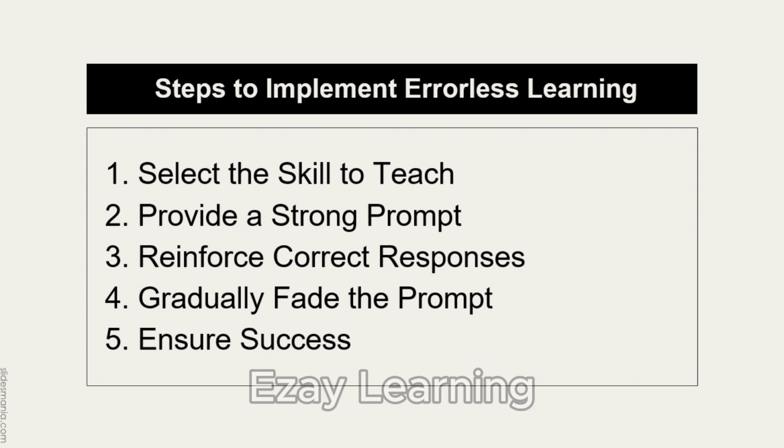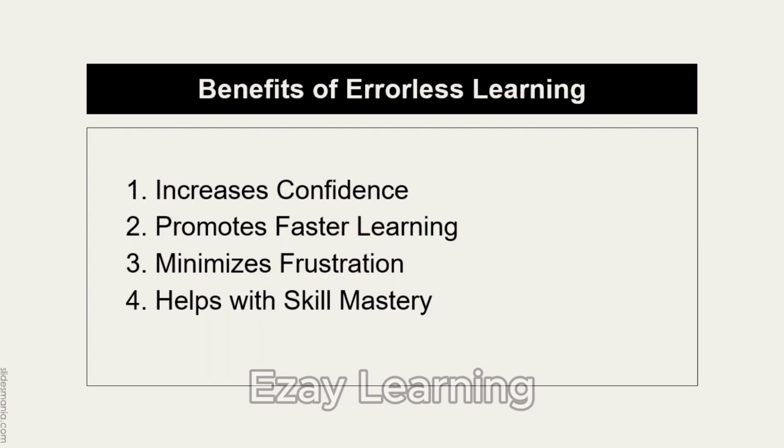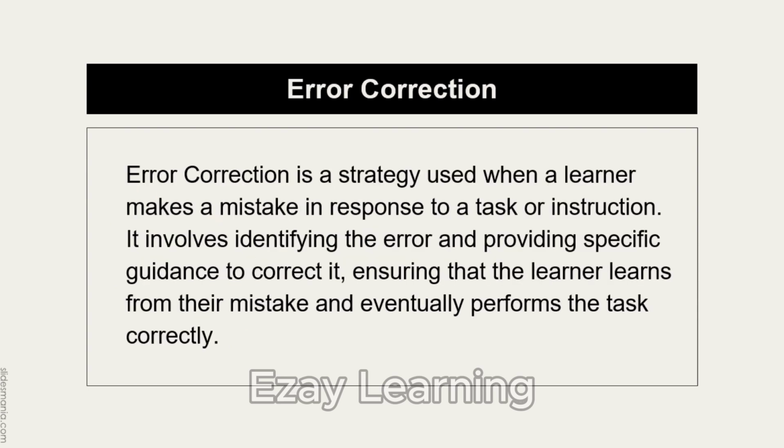Coming towards the benefits of errorless learning, it increases confidence, promotes faster learning, minimizes frustration, and helps with skill mastery. Now, what is error correction? Error correction procedures are the strategies used when a learner makes a mistake in response to a task or instruction.